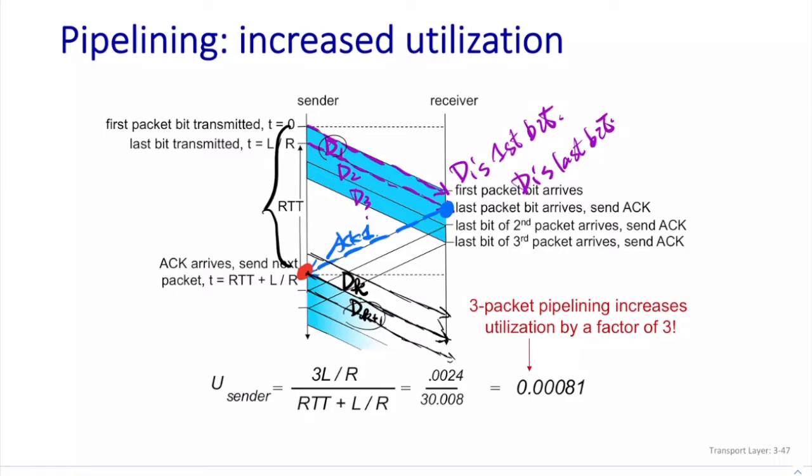After we receive an ACK and send the new packet out, we receive ACK number 2, and we will send data k plus 2, and so on and so forth.